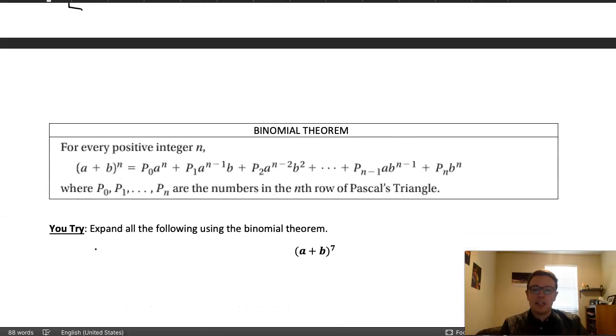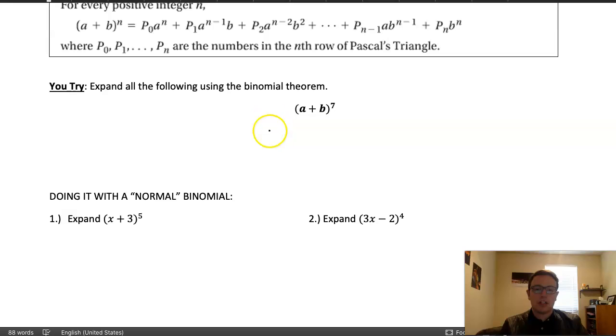Now let's have you all go ahead and try this one, a plus b to the 7th. First of all, which row are we going to use for this? For this, we're going to use row 7 because our power is to the 7th. What are our coefficients for row 7?